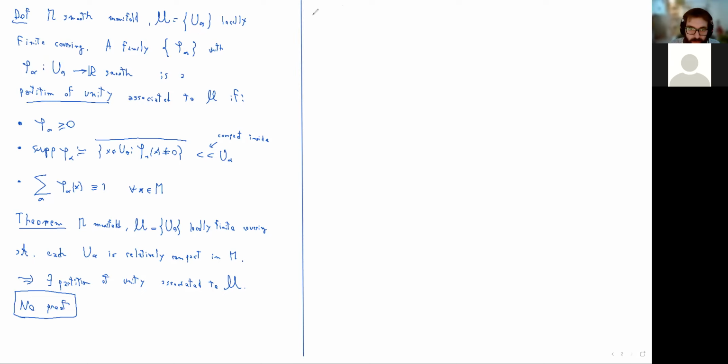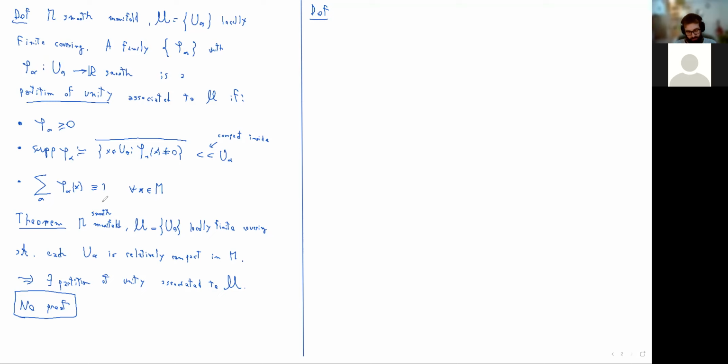Just a couple more definitions. I have a question about that. Here in the theorem, we only require M to be a manifold, but that has to be smooth, right? Yeah, exactly. My question was only if it has to be smooth or if C^k or C^0 is enough.